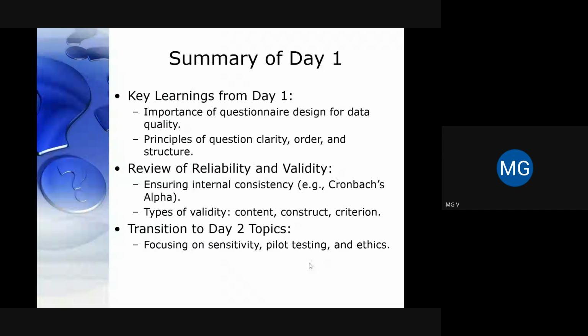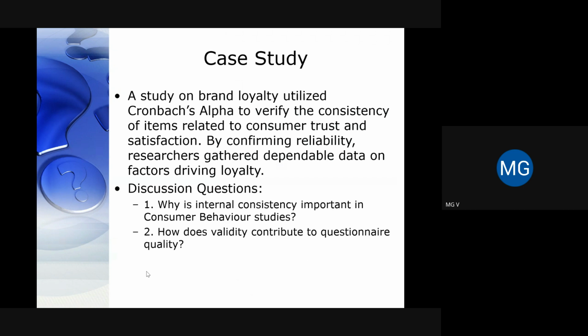So today we will focus on making questionnaires sensitive to subtle changes, testing them through pilot studies, and adhering to ethical standards, right? The foundation from day one will support your skills as we proceed with advanced concepts today. So let us explore the concept through a caselet.